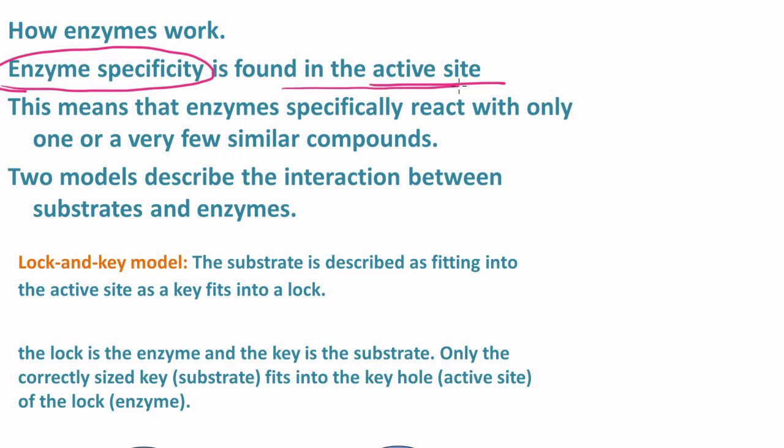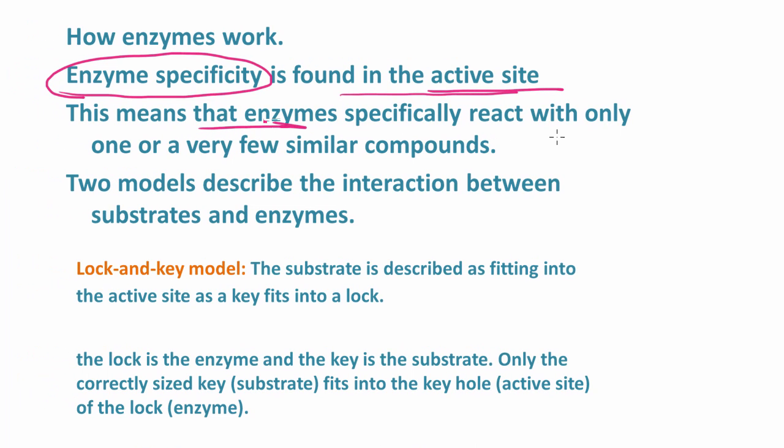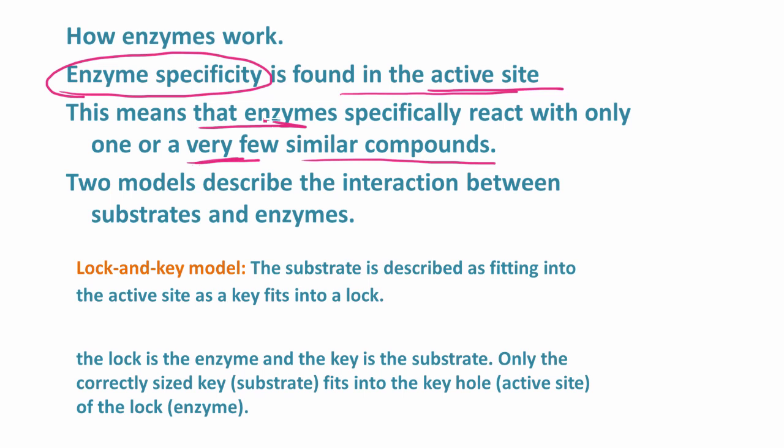So this is found in the active site. What this means is that enzymes specifically react with only one or maybe a few compounds that are similar in shape, if you will.